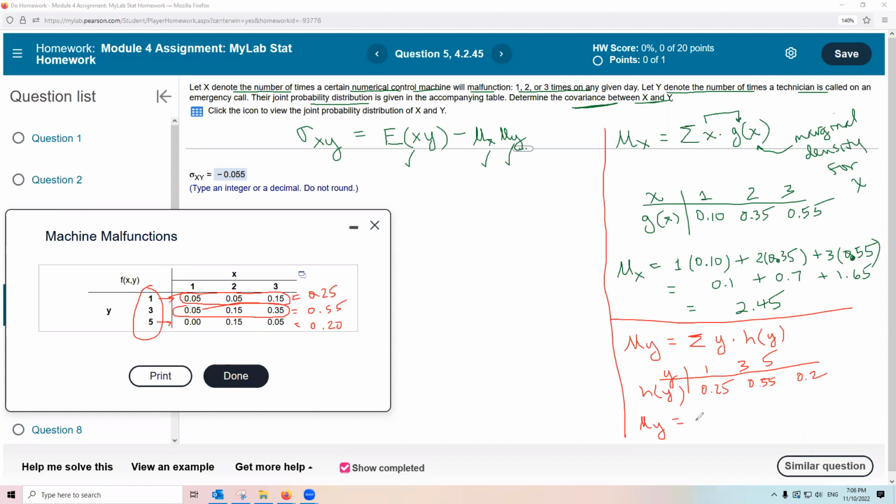It's the sum of y times its marginal density function. So this is going to be 1 times 0.25 plus 3 times 0.55 plus 5 times 0.2. Just taking each y value times its corresponding h of y value. All right, if I work this out, let's see, this is 0.25 plus 1.65 plus 1. So what does this work out to be?